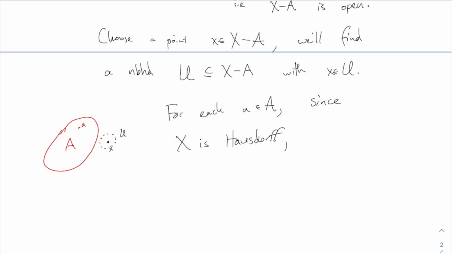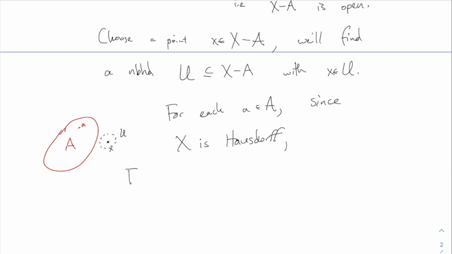Yeah. There is an open neighborhood around A and X that the union is empty. Yes, the intersection is empty, she means. Yeah, there's a neighborhood around A and there's a neighborhood around X, so that those two neighborhoods are disjoint, right? They have empty intersections. So I'm going to say, since X is Hausdorff, I'm going to try to write this carefully.